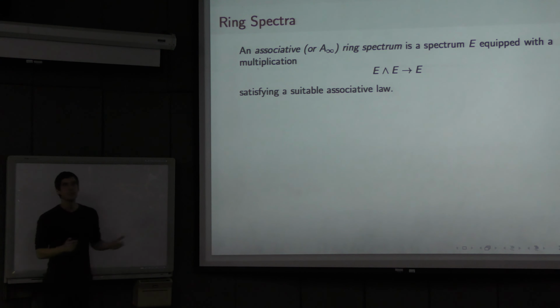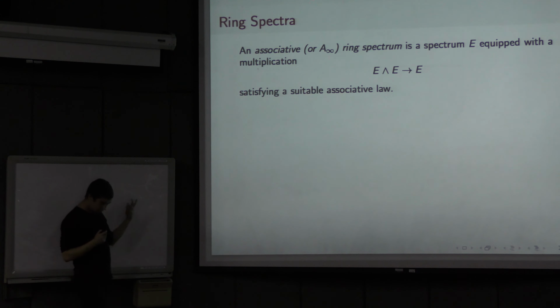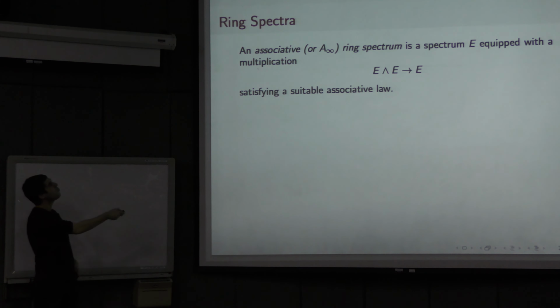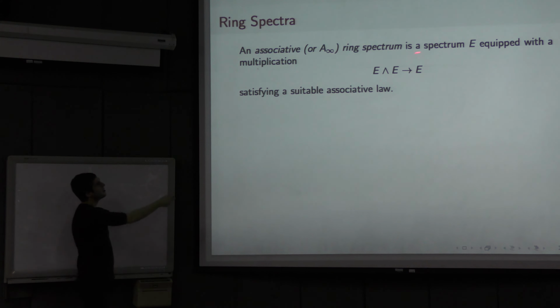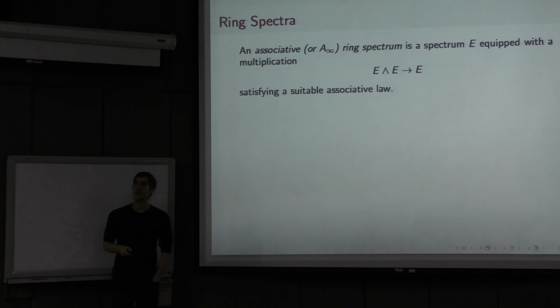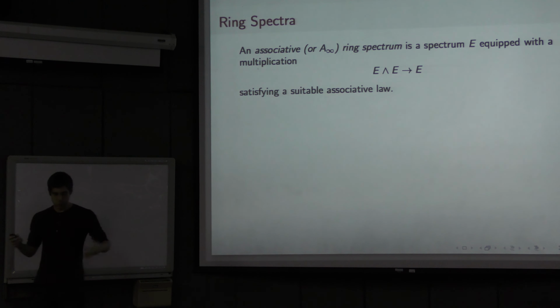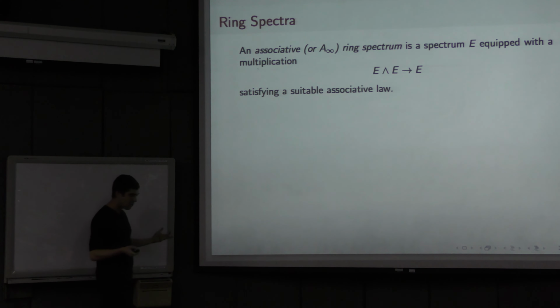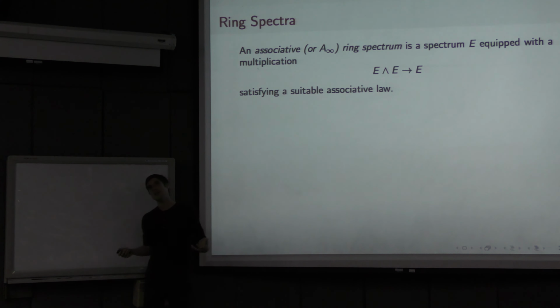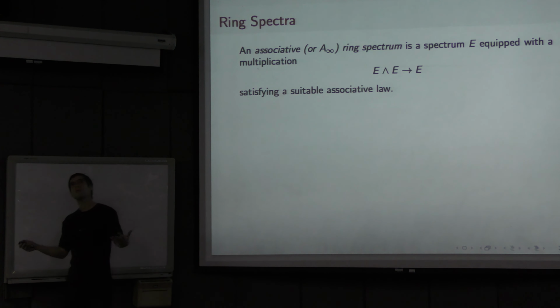Now, one of the reasons that this subject is regarded as very technical is that there are a lot of different ways that you can make precise the idea that a multiplication like this should be associative. We're doing homotopy theory, so when we talk about associativity, are we asking for associativity up to homotopy, or associativity on the nose?